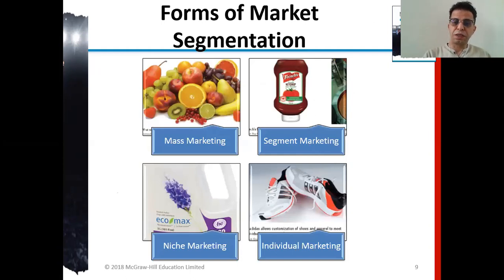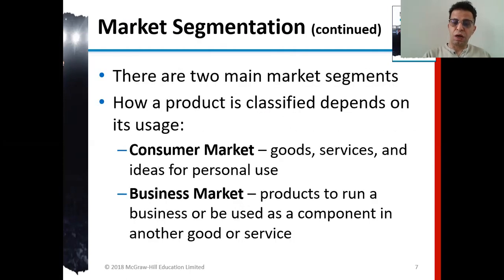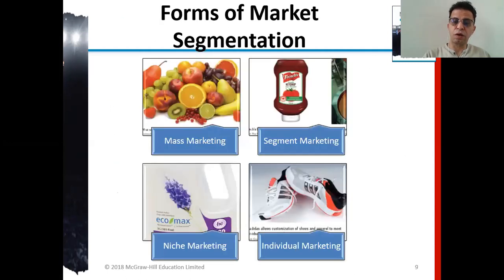Now, forms of market segmentation. Earlier we spoke about the two main market types; here we're talking about forms of market segmentation. It could be mass marketing, especially for fruit, food, and rice, for example.